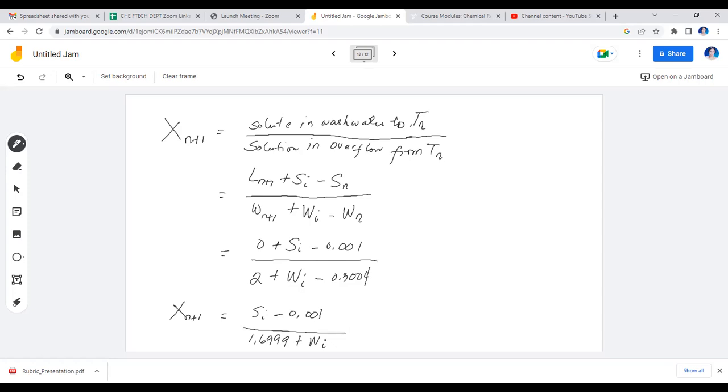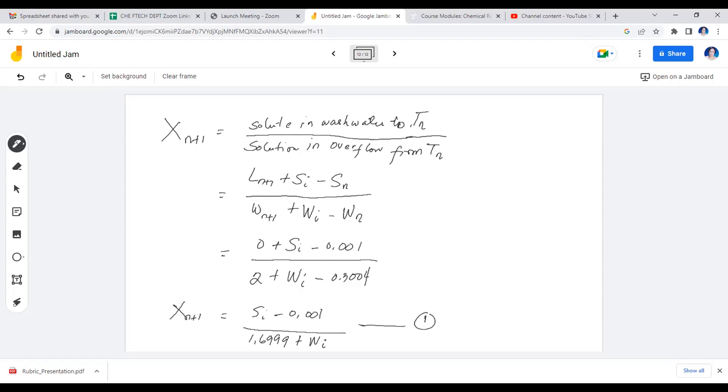So this equation will help us solve for a particular concentration of the solution that is entering a particular thickener N. Because this one now is the concentration of the thickener N plus 1, the thickener after thickener N. Okay?